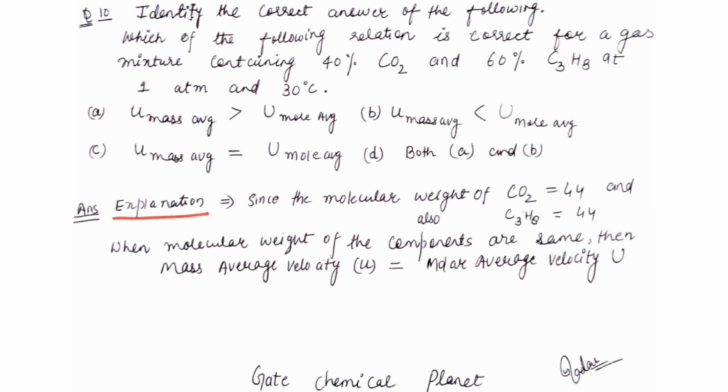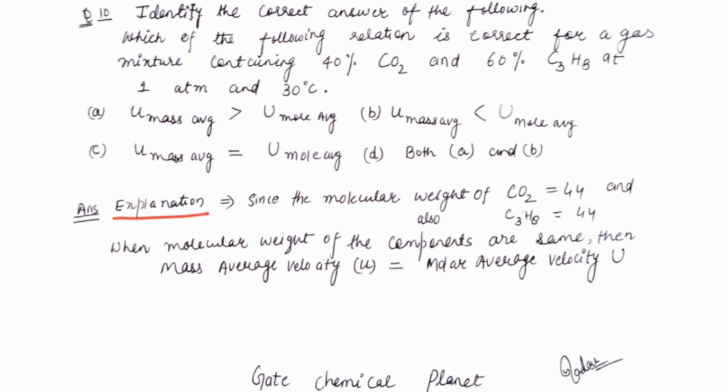So students, here it is very important to know that mass average velocity small u and molar average velocity capital U are equal when the molecular weights of the components in a mixture are equal. Since the molecular weight of carbon dioxide CO2 is 44 and the molecular weight of propane C3H8 is also 44, the molecular weights are equal.